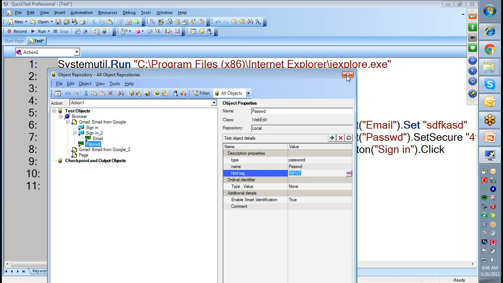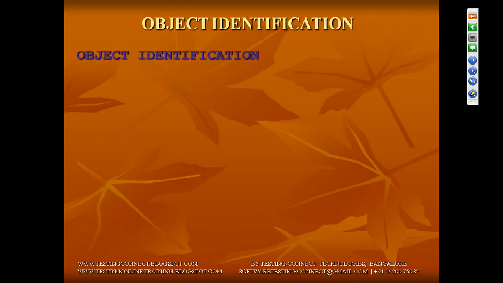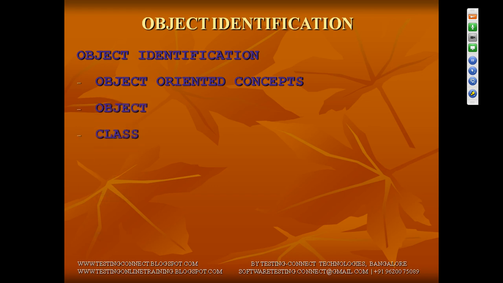Then one more concept you come across is class. Class is a group of objects with similar properties. In our training institute, there are so many courses going on, right?